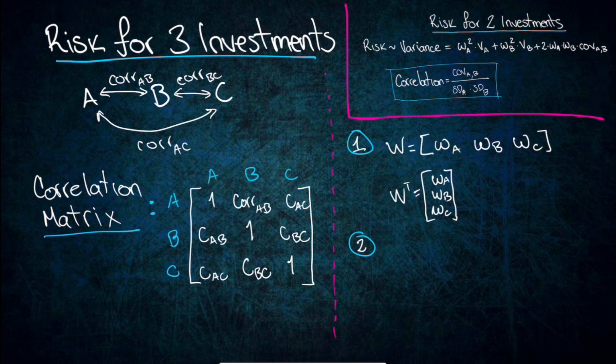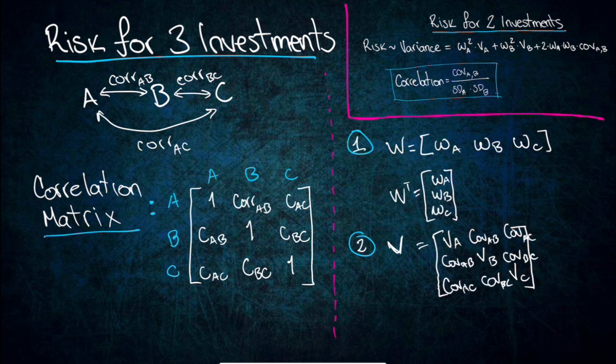Second, we will have our variance matrix, and we will call it capital V. For this matrix, we will have in the diagonal the variances of each of our assets, and outside the diagonal, we will have the covariances between 2 assets.